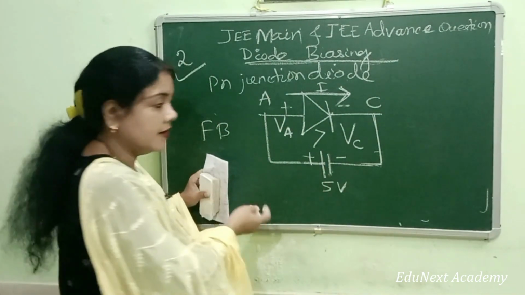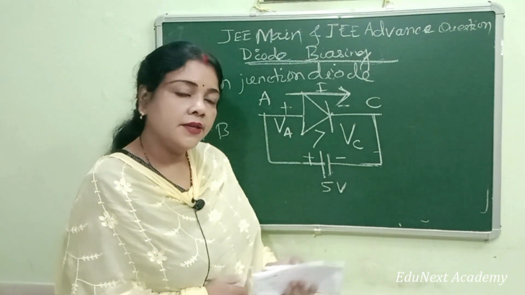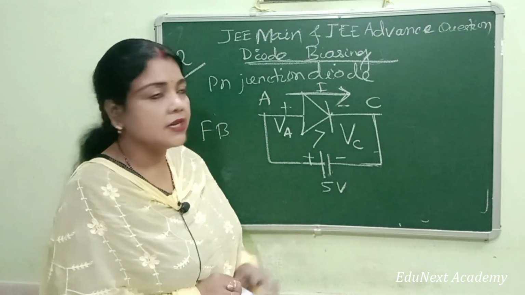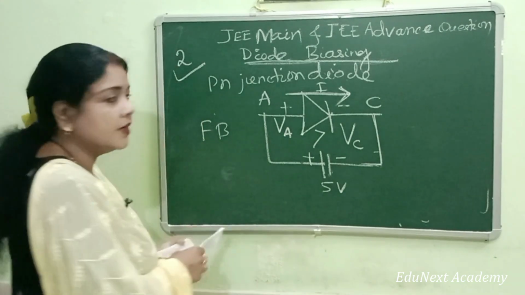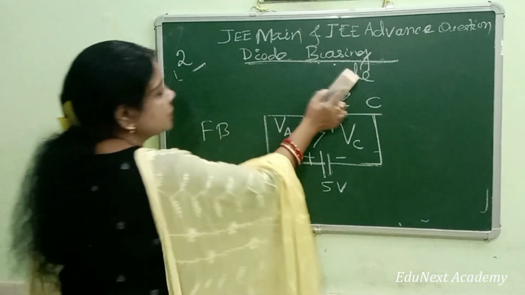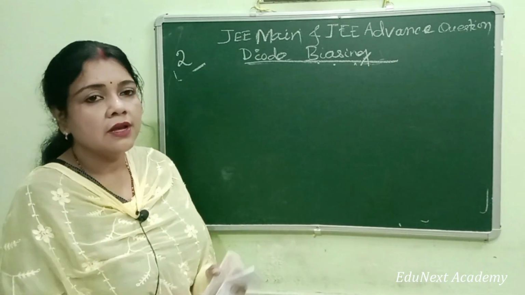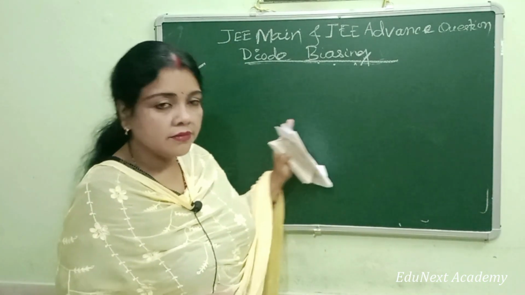So let us solve some examples which came in previous years' questions of NEET, JEE Advanced and JEE Main. Let us discuss forward bias condition and reverse bias condition, where the current starts to flow and when current doesn't flow.